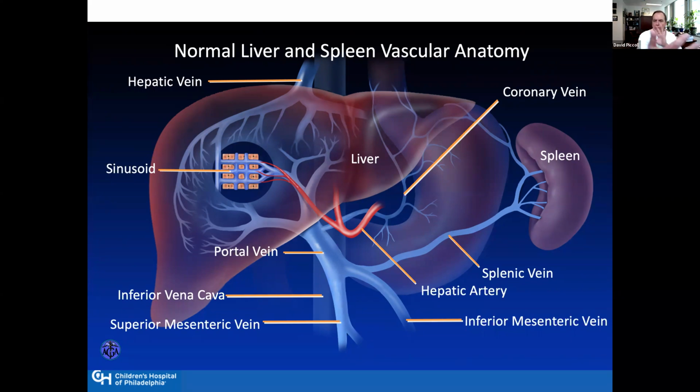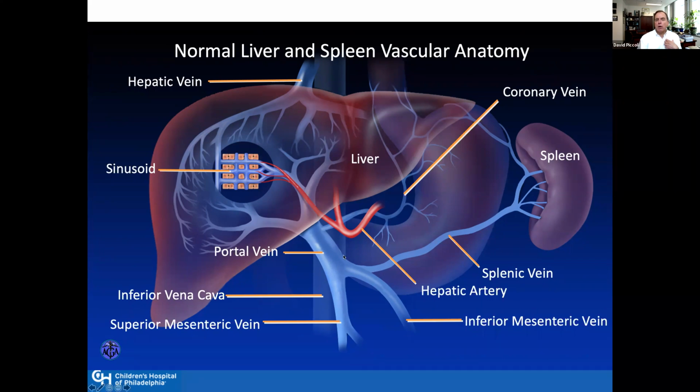Remember, we're looking at the patient as we would see them in real life. The spleen's blood flow, which comes from a splenic artery mostly, comes back over to the portal vein. And the bowel blood flow, which comes from an artery coming off the aorta, comes back through these mesenteric veins, and there's some drainage from the wall of the stomach.